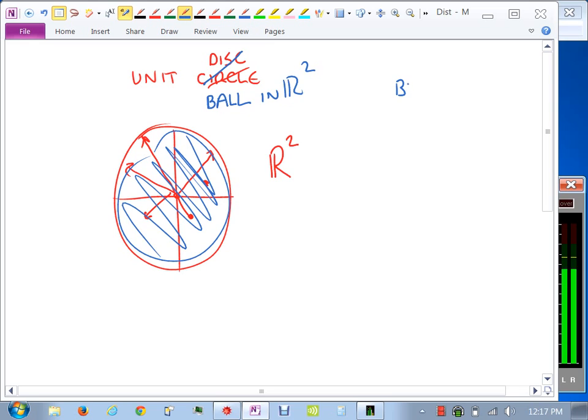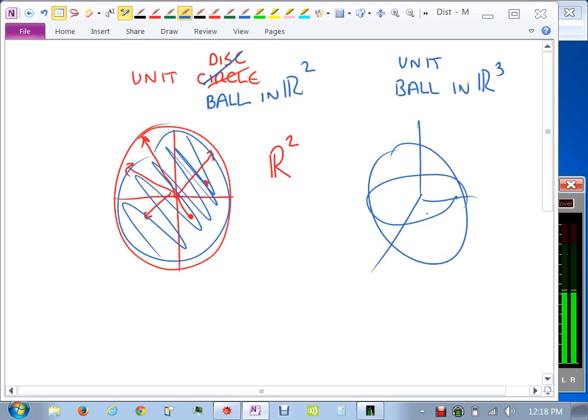What do you think the unit ball in R3 looks like? A three-dimensional sphere, right? A solid ball. And the radius of this sphere is 1.